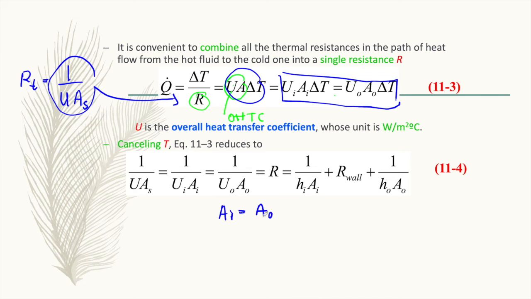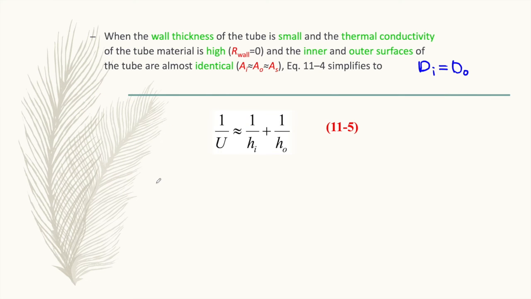So we can cancel out the A terms. The equation becomes 1 over U equal to 1 over Hi plus 1 over H out.